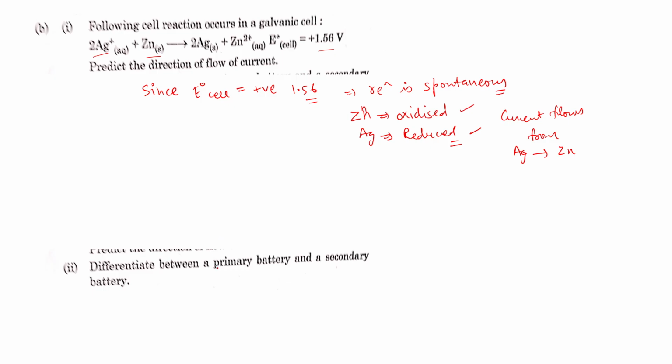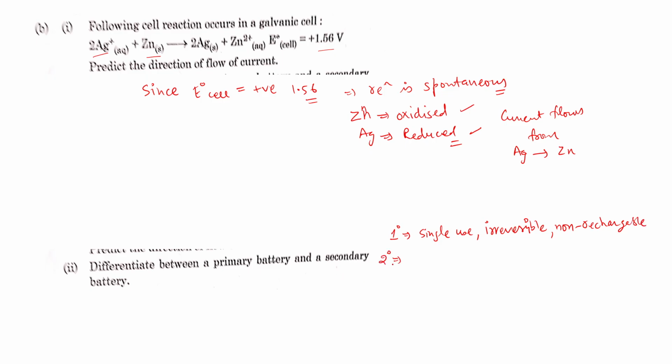Okay. Differentiate between primary battery and secondary battery. Very basic difference. Primary batteries are of single use, like the one we have in our wrist watches. In this, the reaction is irreversible, that means the reaction only proceeds in one direction. These are also called non-rechargeable.